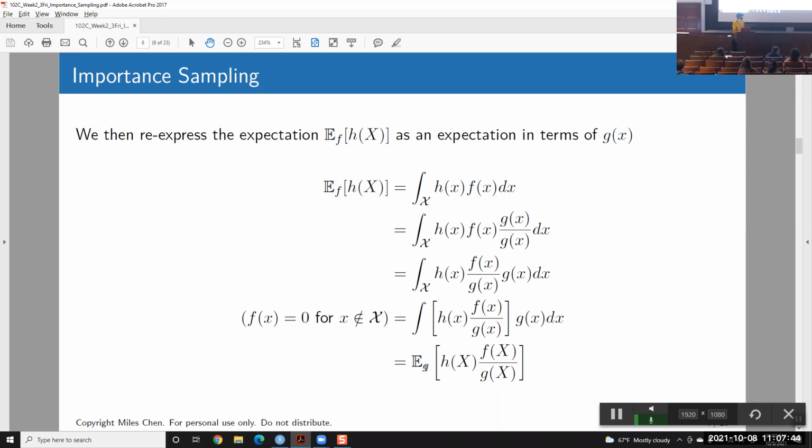That's what this little subscript means. This random variable x has a PDF g, whereas this random variable x has PDF f. That's the difference here.